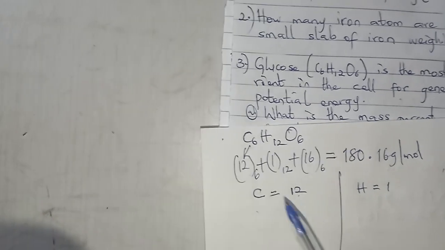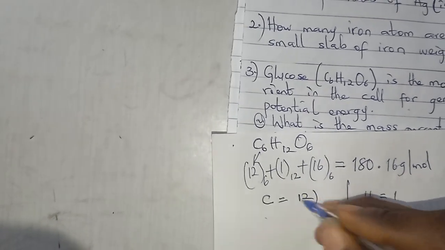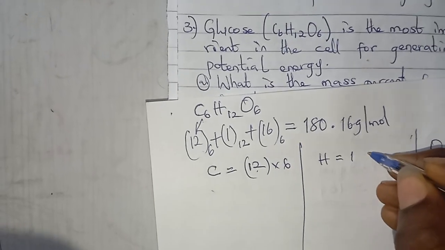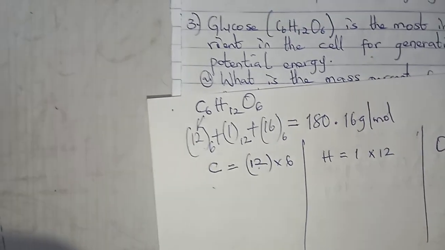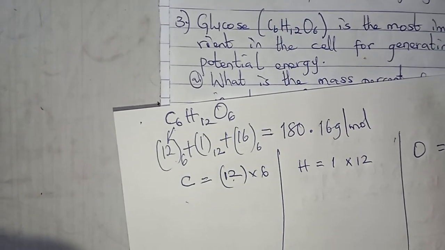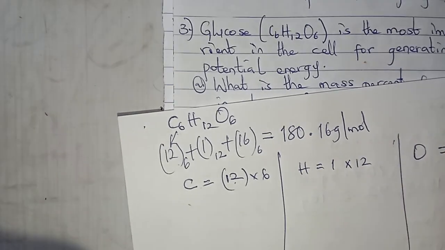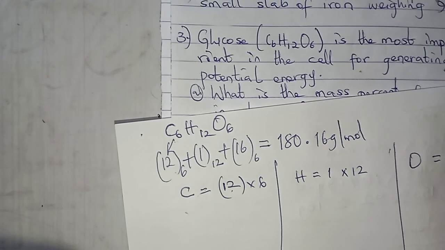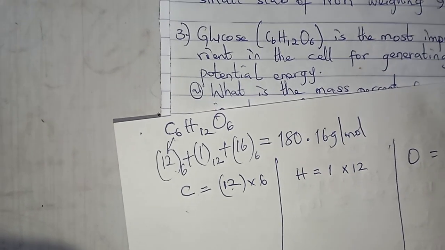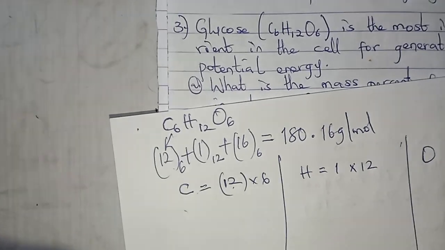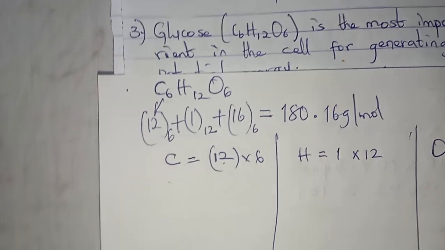Notice that in this compound carbon, yes, the atomic mass is 12, but it exists as 12 times 6. Hydrogen has atomic mass 1, but it is in 12 places. Carbon here has 6 moles, hydrogen has 12 moles, and 6 moles of oxygen can be found inside 1 mole of glucose.